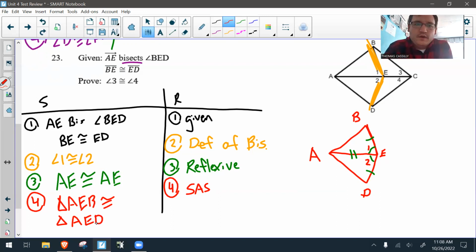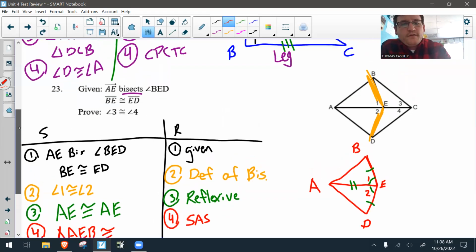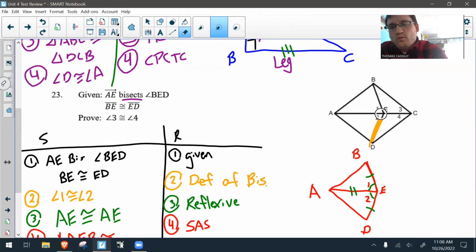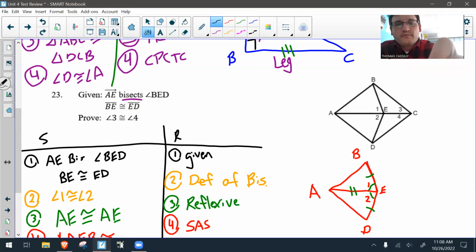All right. Now, keep in mind, we are trying to show angle 3 and 4 are congruent. So we kind of have to work our way over to the right side of this big picture. So angle 3 and angle 4. Let's just kind of talk about what those 2 triangles belong to.